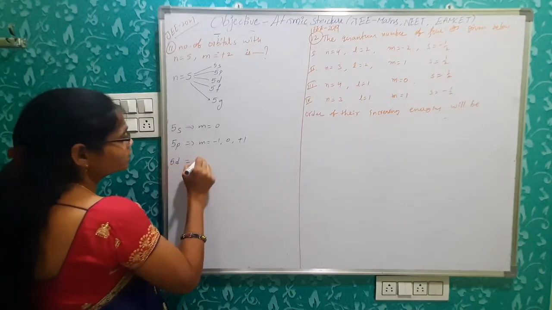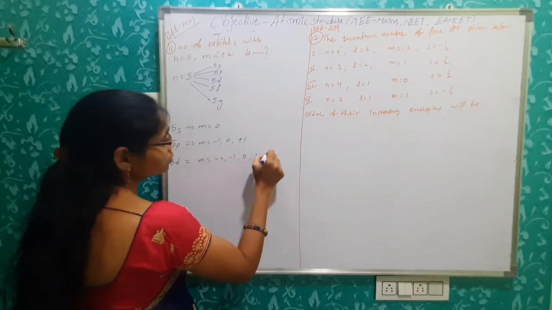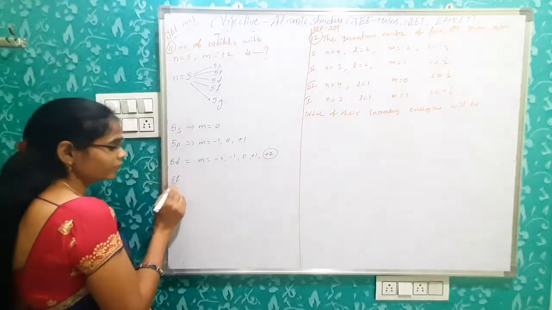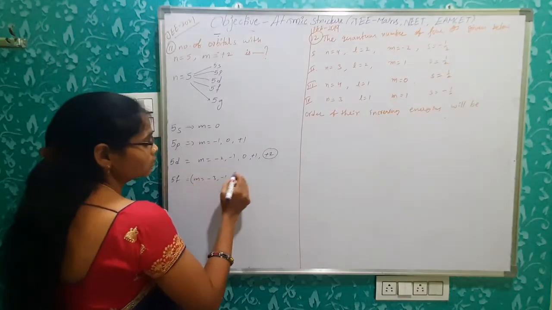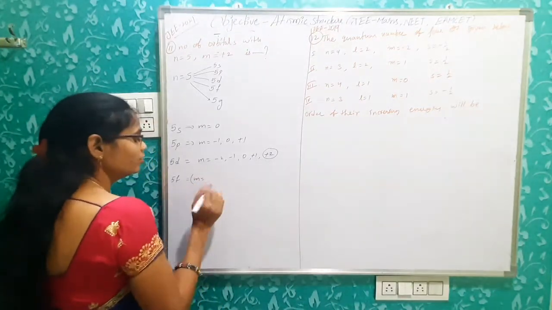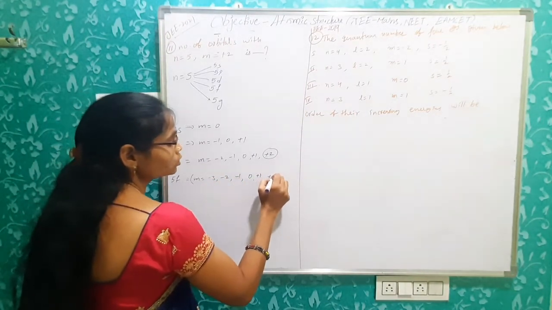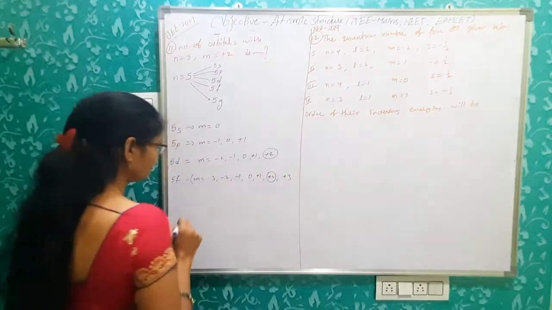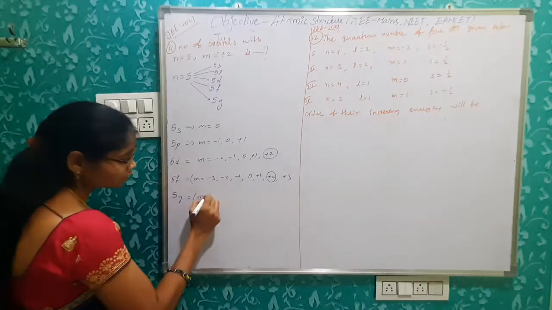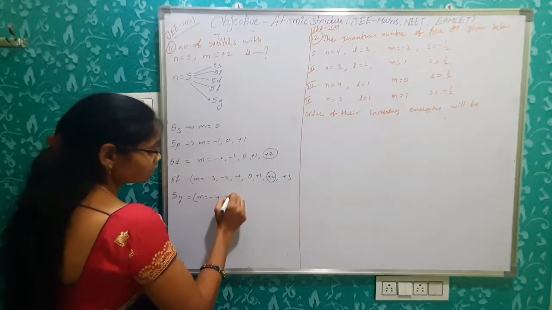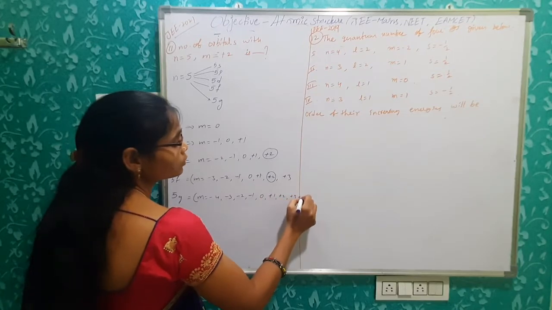For the 5d orbitals, m equals minus 2, minus 1, 0, plus 1, plus 2. For the 5f orbitals, m values are minus 3, minus 2, minus 1, 0, plus 1, plus 2, plus 3. Next, for the 5g orbitals, the l value is 4, so m equals minus 4, minus 3, minus 2, minus 1, 0, plus 1, plus 2, plus 3, plus 4.